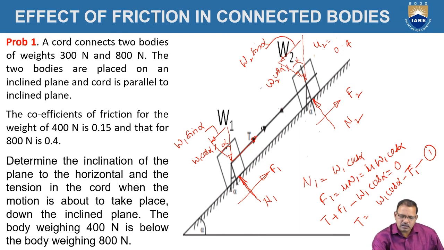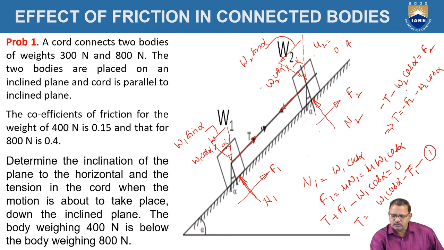Similarly, for the second body, since the tension is acting in the downward direction, because the tension in the cord always acts away from the body, we get minus T minus W2 sin alpha plus F2 equal to 0. The sum of the forces acting along the plane is equal to 0, with forces acting toward the right side treated as positive.